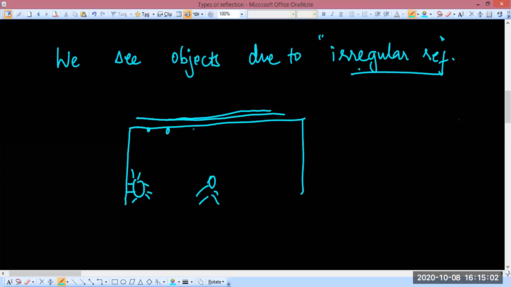You can see this point, this point, everything. That is only because of irregular reflection. Suppose the wall was polished like a mirror, suppose the whole wall is a mirror. Then you'd only be able to see this. I hope you understand what I'm saying. If light goes elsewhere, it doesn't appear. Agreed? It is not coming to you.